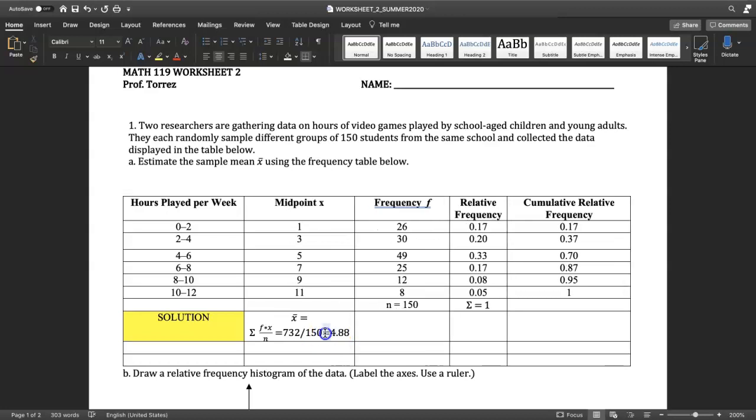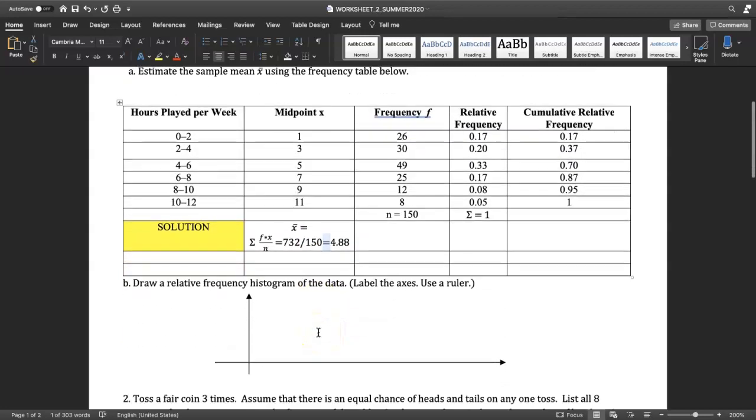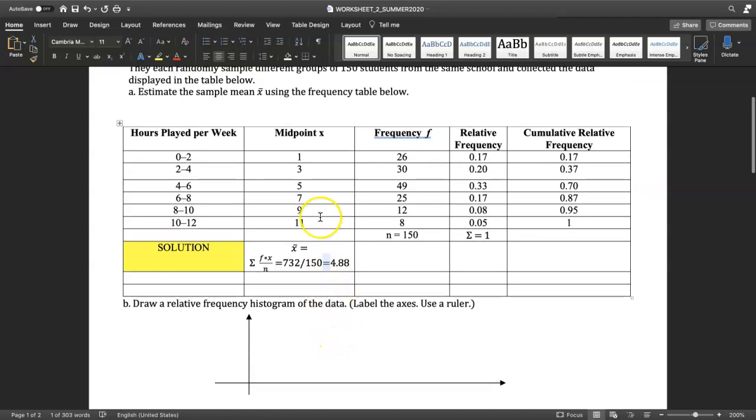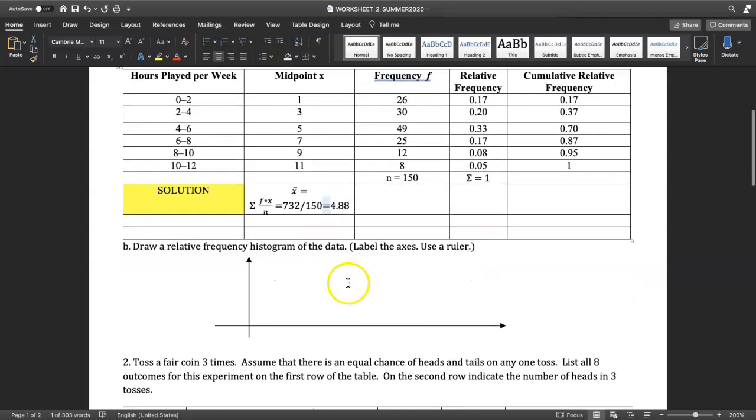I'm using the equal sign here, but remember it's just an approximation. So 4.88 is rounded to 2 decimal places. All right, so therefore, we'll now draw the relative frequency histogram, and we'll see that this value 4.88 is like the center of the distribution. I'll come back to that comment in a moment.